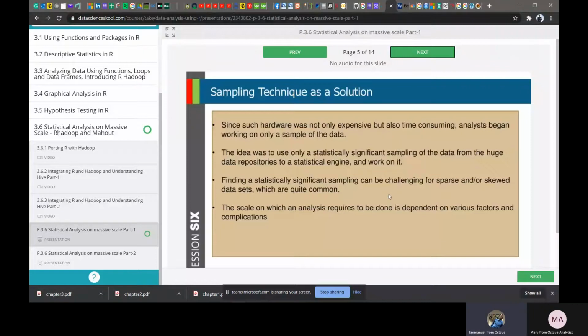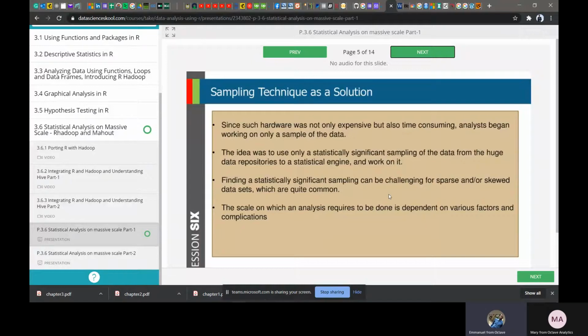So maybe I have like 5 million rows, and the size of the data set is too much for me to be able to access on my local machine and perform my analysis on it. Then we're going to just consider a sample. So out of that 5 million records, I might just take maybe 100,000 and use that sample to generalize for the whole population.